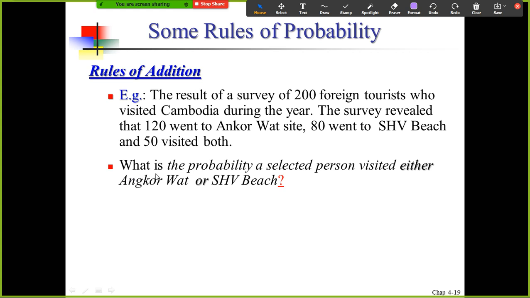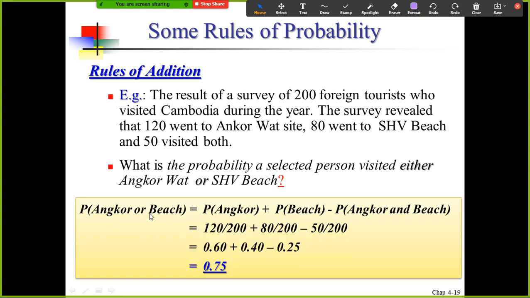Question: what is the probability that a selected foreign tourist visited either Angkor Wat or Sihanoukville Beach, only one place? What is the probability that we randomly select a foreign tourist who went to only one place, Angkor Wat or Sihanoukville Beach?